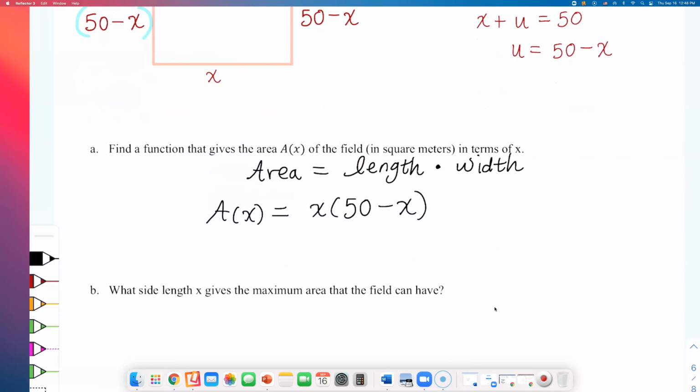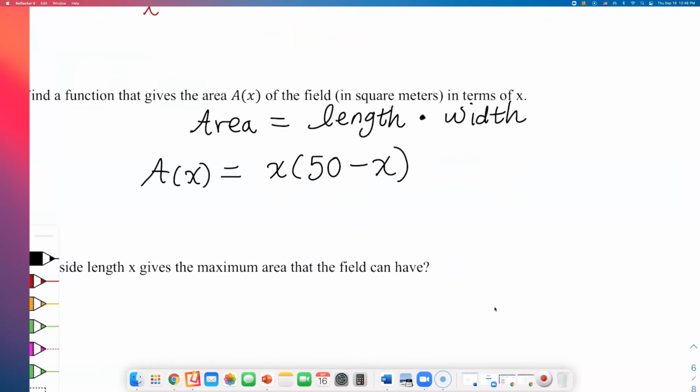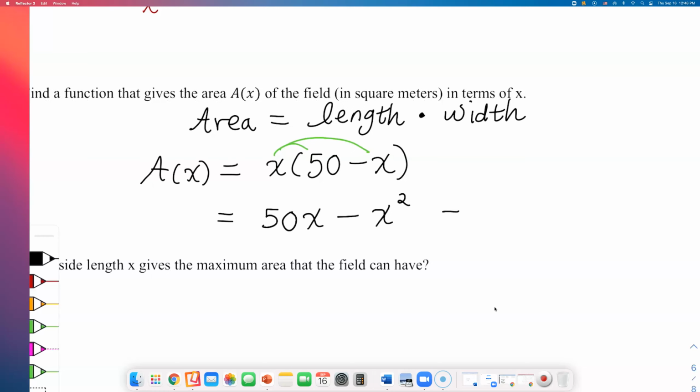So I will do x times 50 minus x. This is fine. But you may want to simplify this by distributing: 50x minus x squared. If you even want to write this in standard form, I can say negative x squared first and then plus 50x, where a is equal to negative 1 and b is equal to 50.